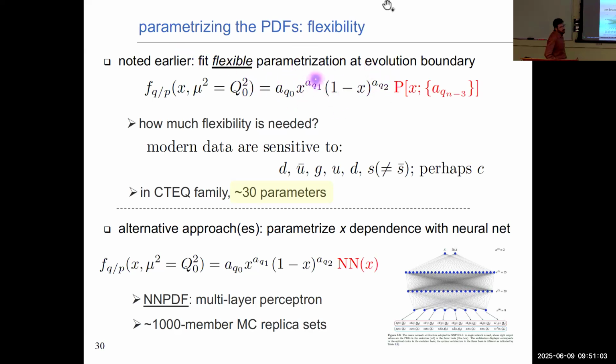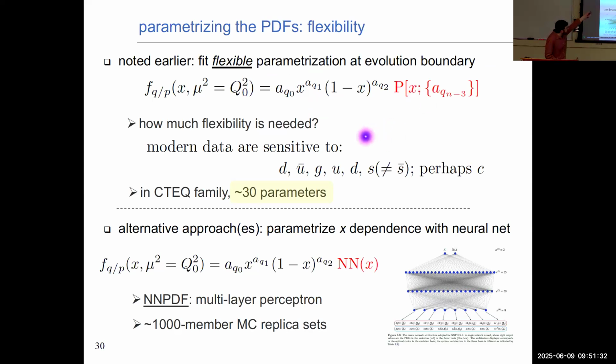That's usually parameterized through this good old-fashioned X to the alpha, 1 minus X to the beta, or I named the parameters slightly differently here, but that's the usual. But then at intermediate X, there's a more flexible parameterization that encodes how things are actually going. This might be something like a polynomial parameterization in many of the current fits, where you actually have a specific analytic form.